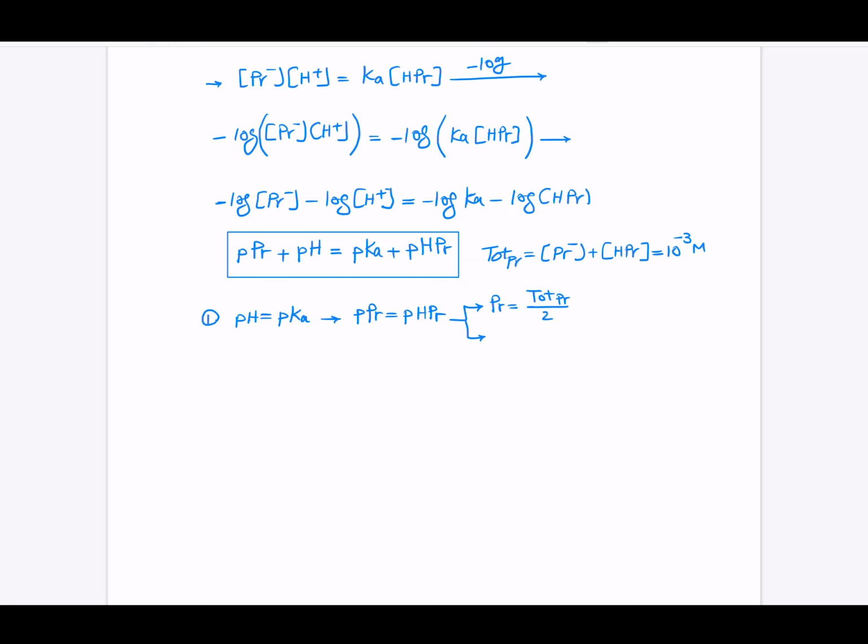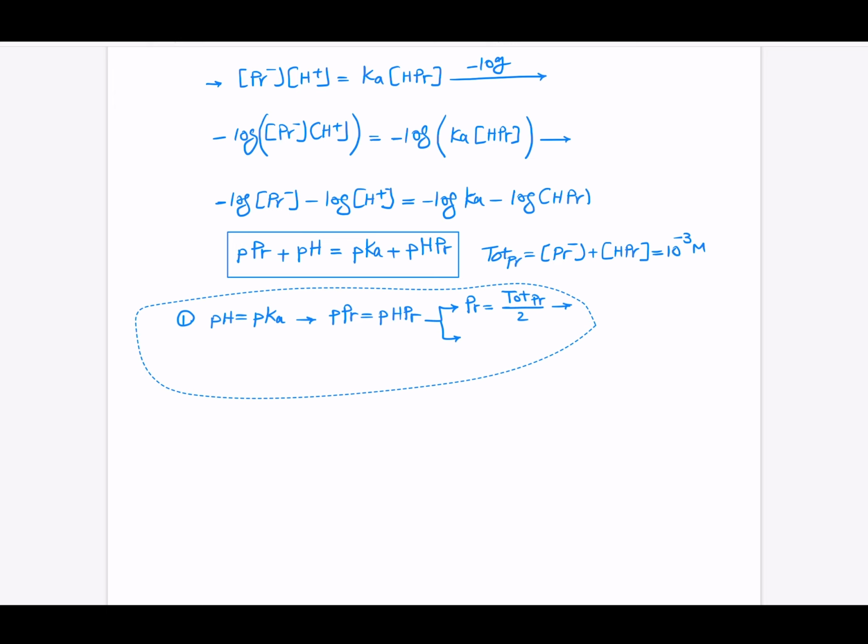So let's do the p function on this one, because that might be informative, because we're dealing with the p functions.